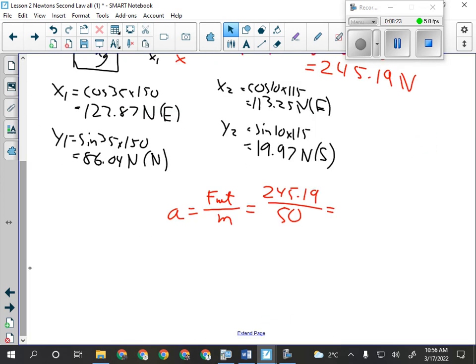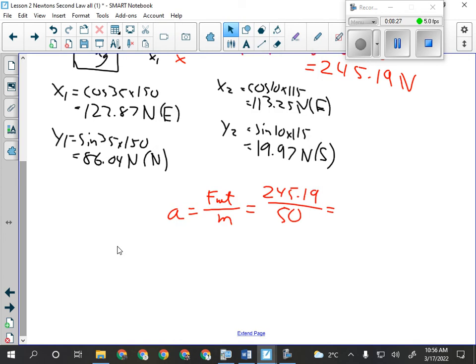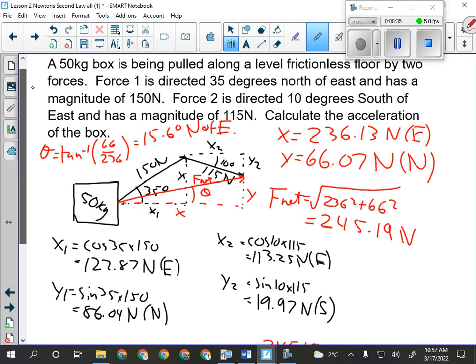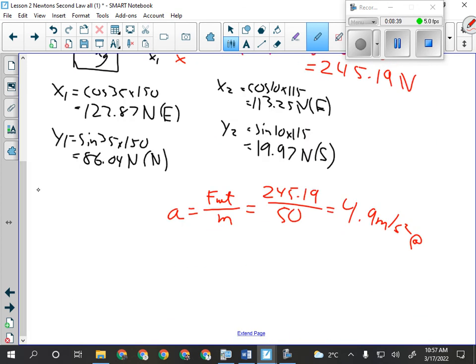Yeah, the 50 only has two, and so is the 35. So 4.9 meters per second squared at 16 degrees north of east. And of course, I would also accept 74 degrees east of north, as those are both the same direction.